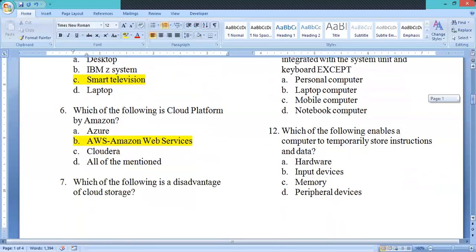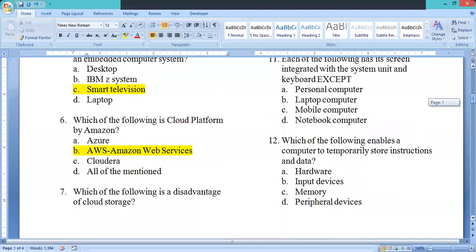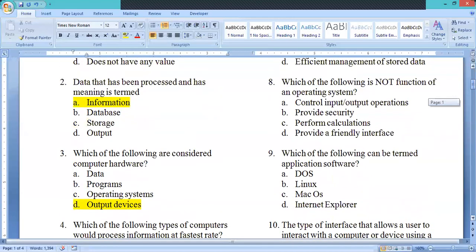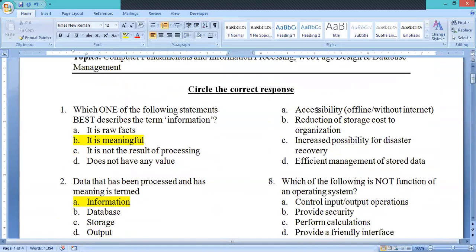All right, so we have 3 minutes. Let's do number 7. Which of the following is a disadvantage of cloud storage? So these are the responses. We have A, B, A, C, D. A, very good, because accessibility is a problem with cloud storage because you cannot access it if you do not have internet.